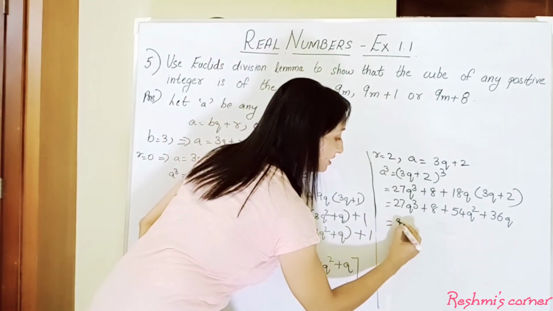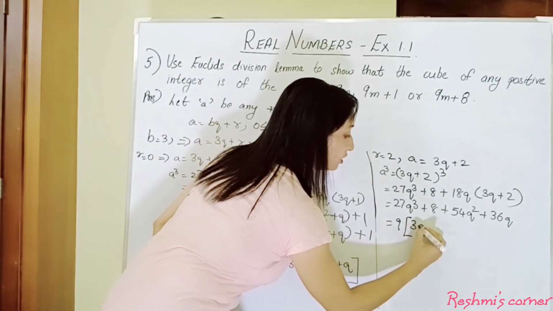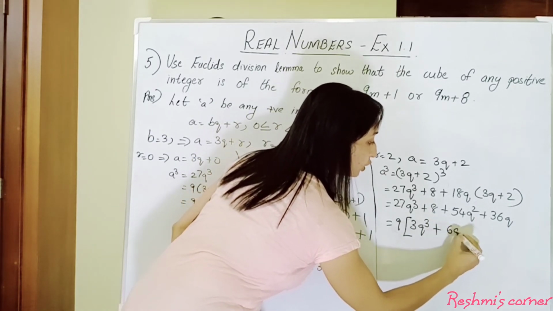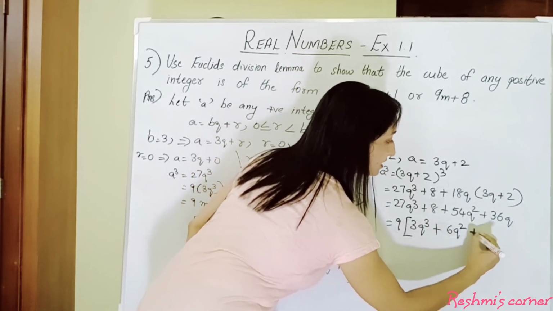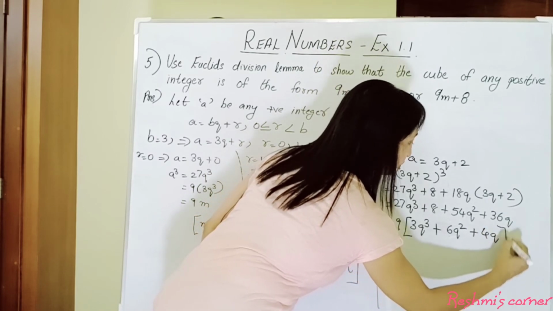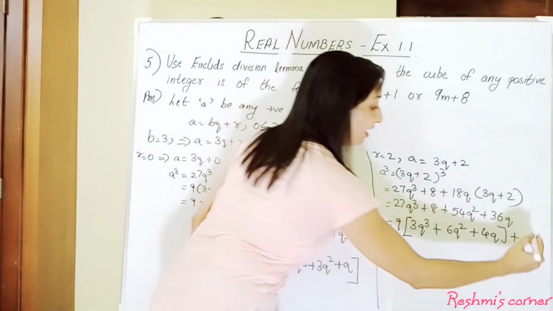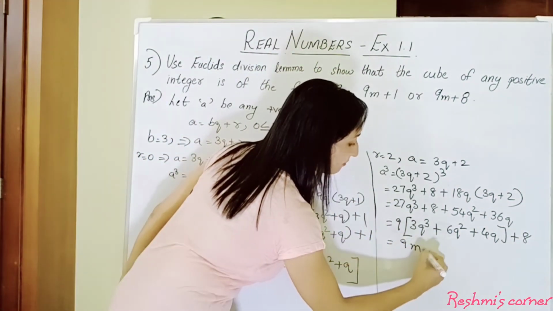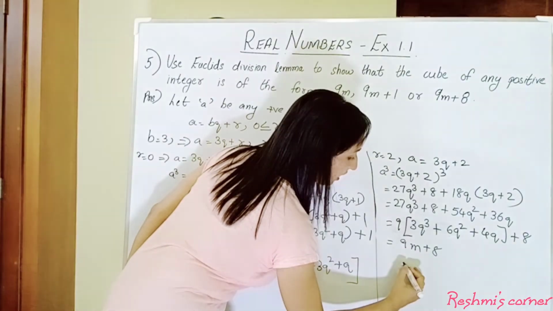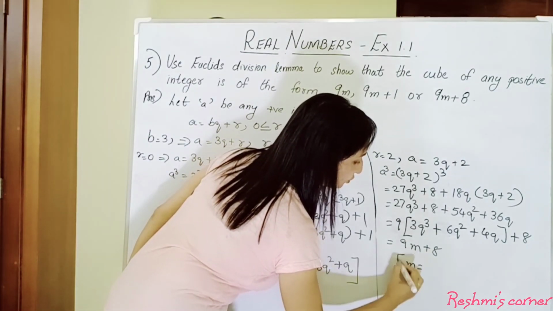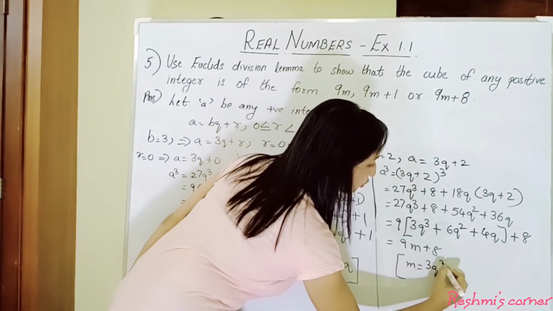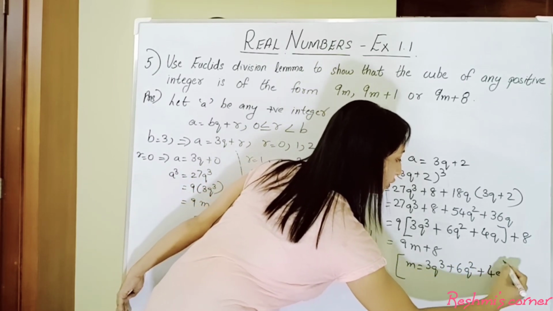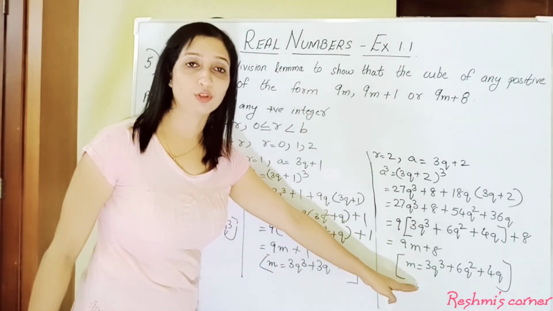So what do we get? 9 into 3q cube plus 6q square plus 4q plus what is remaining? 8. Now this you can write as 9m plus 8, where m is equal to 3q cube plus 6q square plus 4q. So this is what we wanted to show.